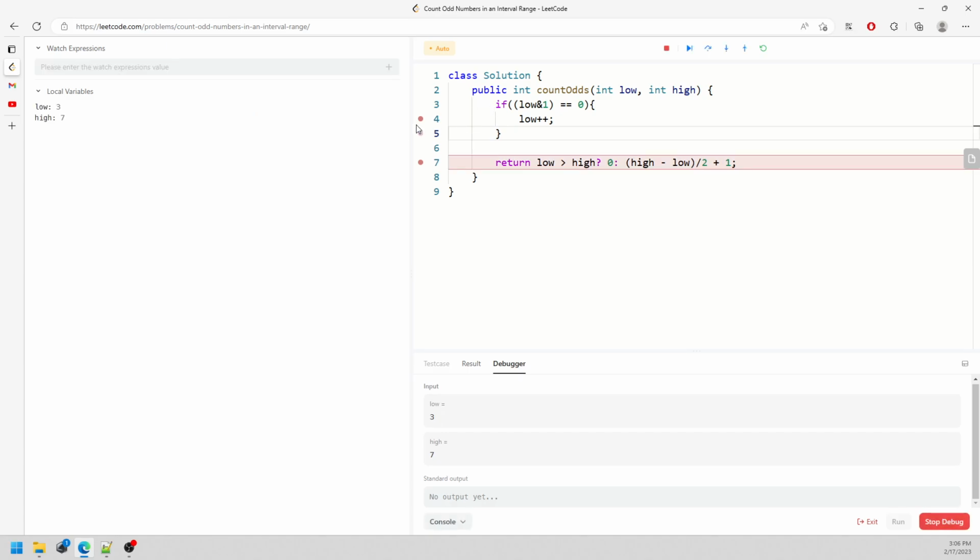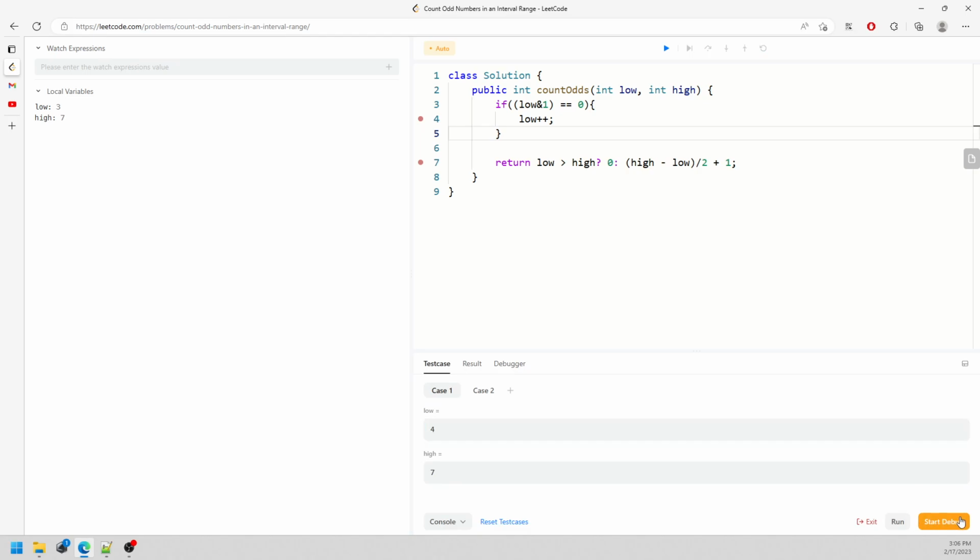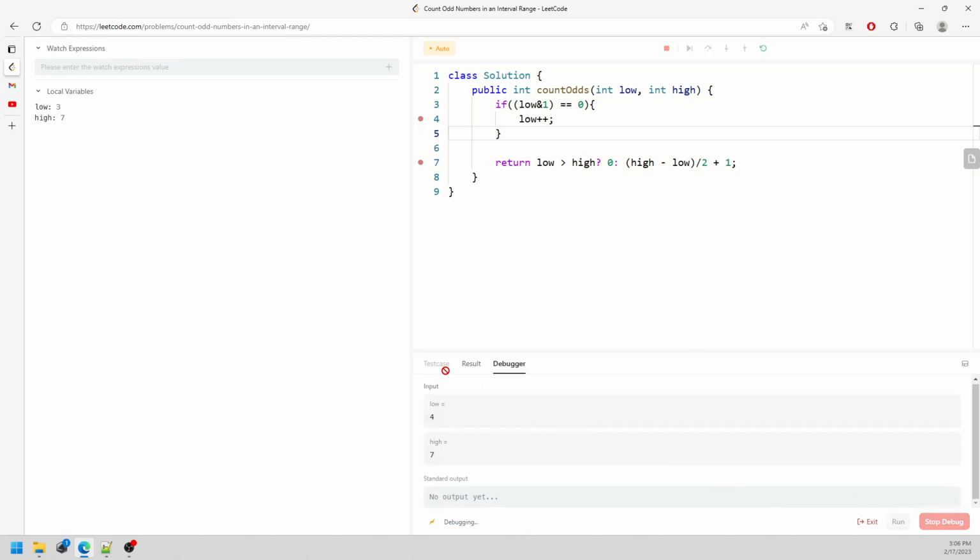Alright. Low equals 3, high equals 7, and then go. So what happens if low equals 4? You are forcing low to increment by 1. Now low is still less than high, so you go to this formula: 7 minus 5 divided by 2 plus 1, right?